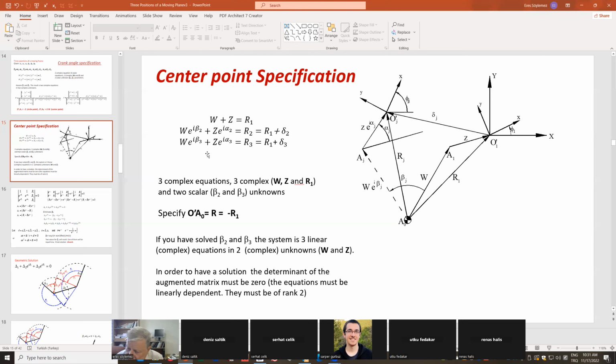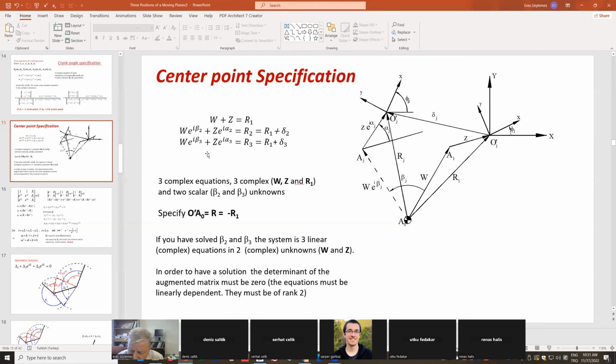From linear algebra, if you have 3 equations in 2 unknowns, what can you say about that system of equations? I think you remember. Forget about complex numbers.